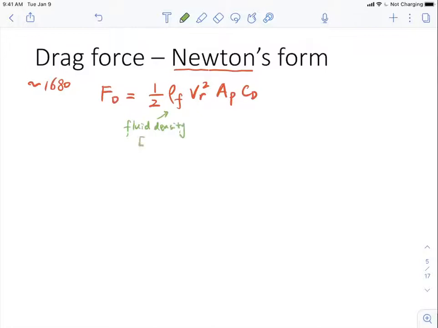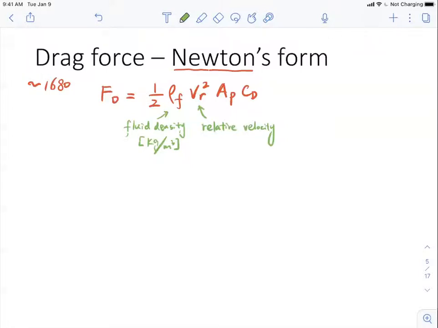So it's going to carry the unit of kilogram per meter cubed. Let's say if it's just air, then the air density is around 1 kilogram per meter cubed. The V_R here is the relative velocity between the fluid and the particle, the object.